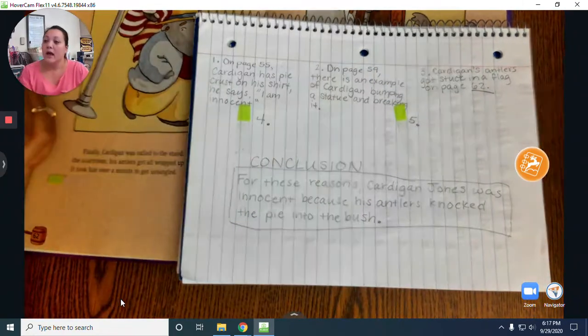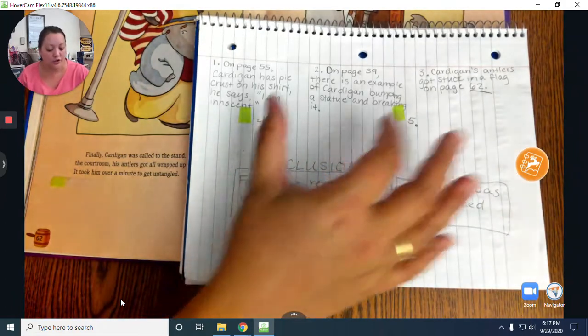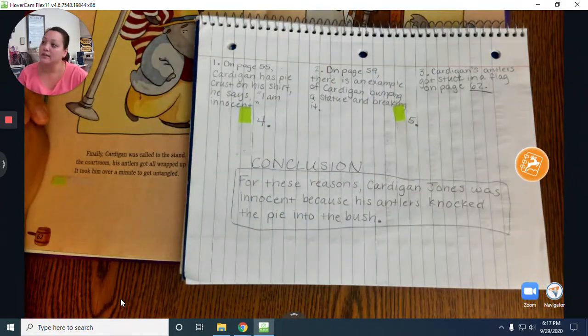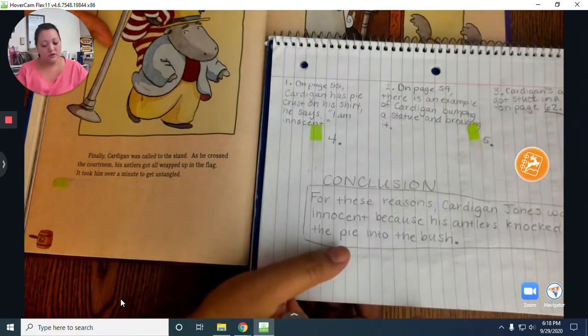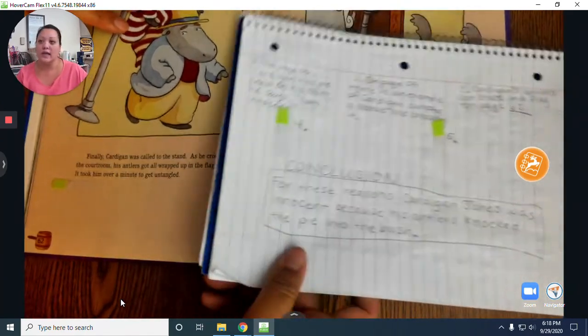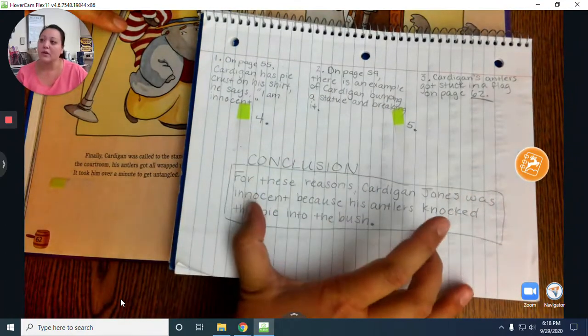You will be sharing the 2 that you found in class on Thursday, so it will be important that you get this done. I hope you enjoy reading and being story detectives as you continue this analysis of The Trial of Cardigan Jones and finding those story details that make our conclusion true.